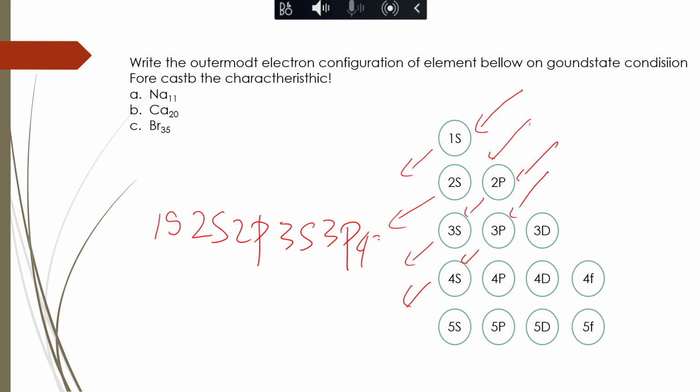The first configuration will fill the electrons with 1s and then 2s, 2p, 3s, 3p, 4s, and so on, 3d.